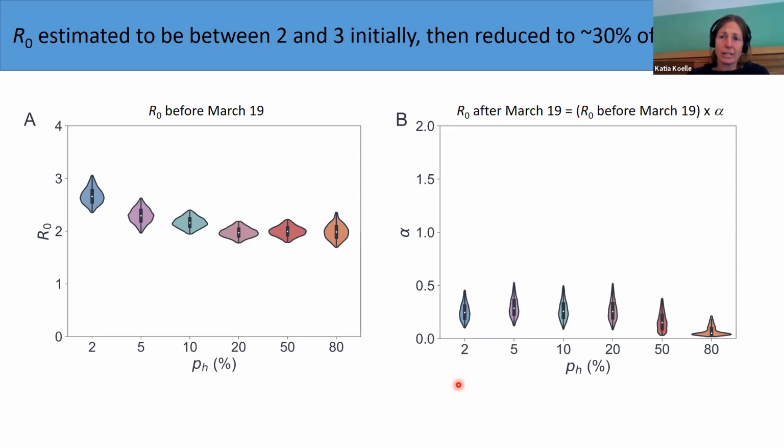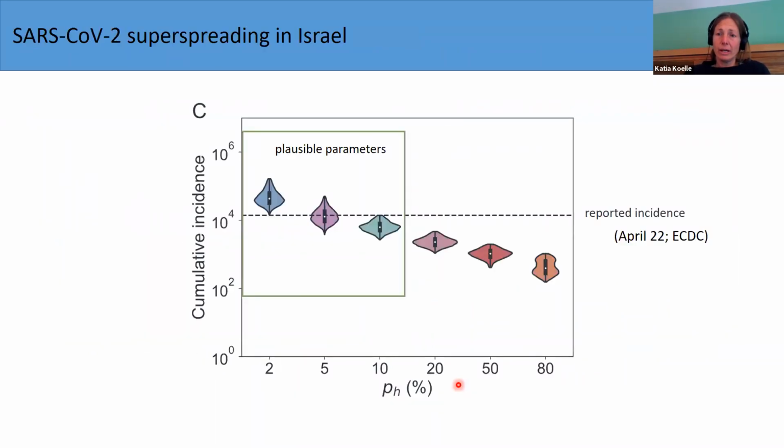But we are also interested in how much transmission heterogeneity there actually was. So we considered reported incidence by that final sequence date of April 22nd. You can see that reported incidence right here as this horizontal line. It's most consistent with these very low pH values, meaning an incredible amount of transmission heterogeneity or super spreading.